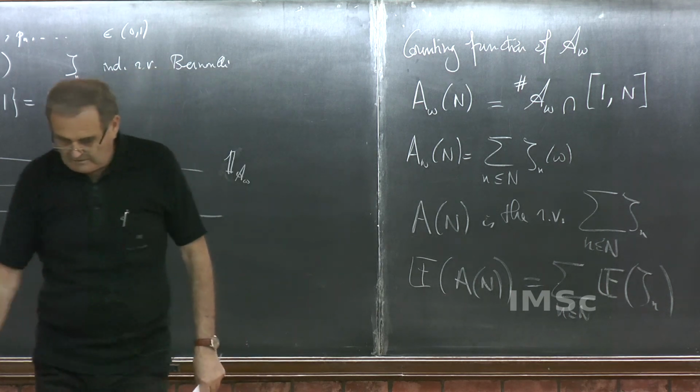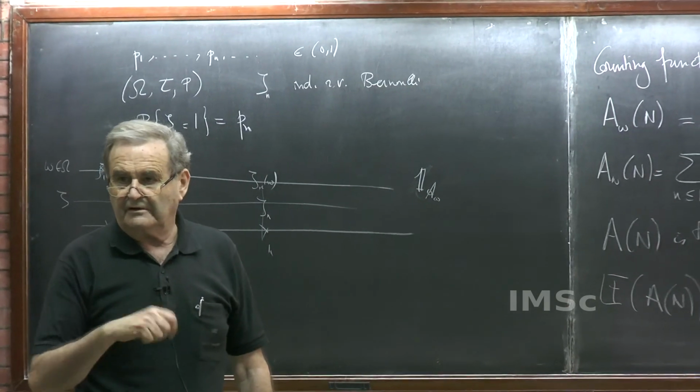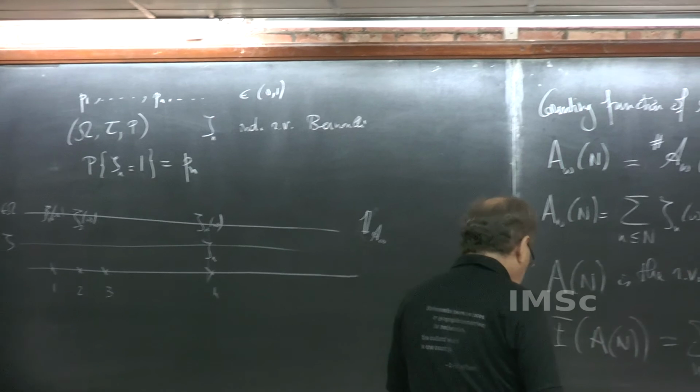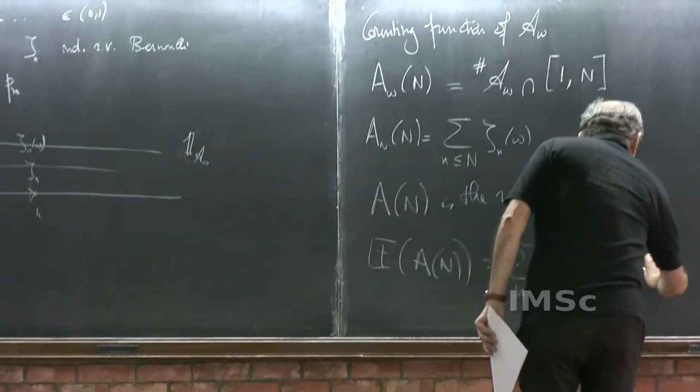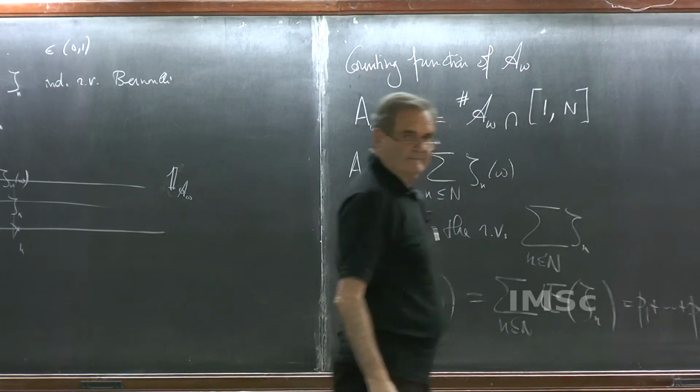And this zeta n, for expectations in the Bernoulli random variable, the probability that it is 1 is the Pn. And so this is equal to P1 plus P2 plus Pn. Okay?